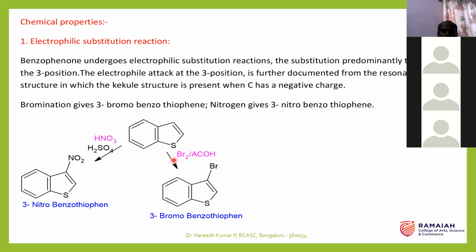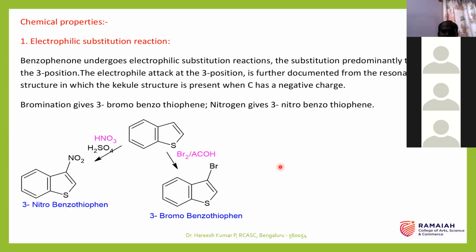Similarly, bromination. Bromination means here the electrophile is Br plus. How is Br plus obtained? The first step of electrophilic substitution in bromination is the generation of the electrophile. Br2 undergoes heterolytic cleavage forming Br plus and Br minus.